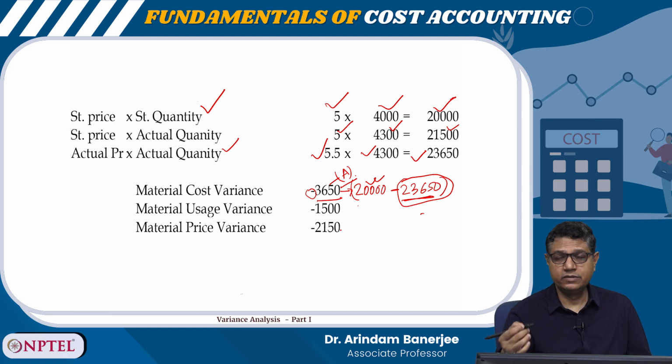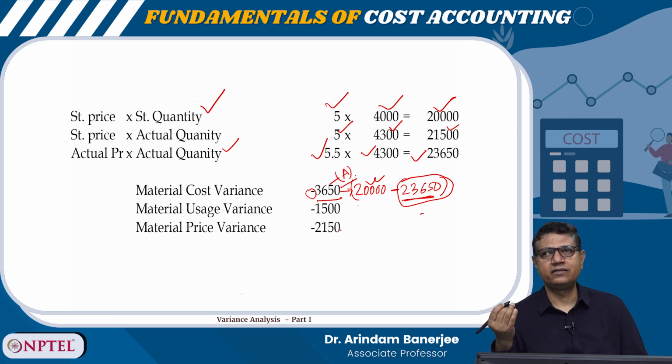Now this material cost variance can happen because of two reasons, as we discussed. The first reason is that there may be variation in usage. I anticipated some usage, but actual usage is different from standard usage.